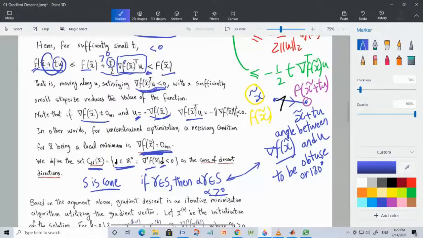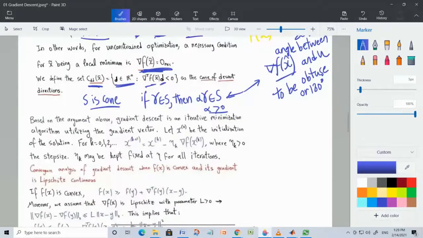If it's non-empty, it means that there exists at least one direction in which, if you move with a sufficiently small step, you will go to a point in the n-dimensional space with a value of the function f that is strictly smaller than f of x tilde. So keep this cone in mind.